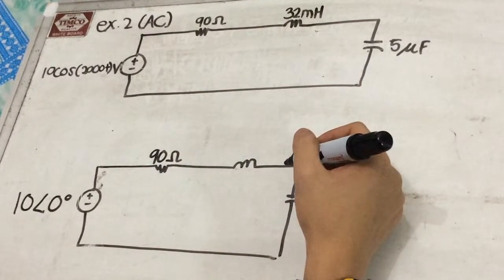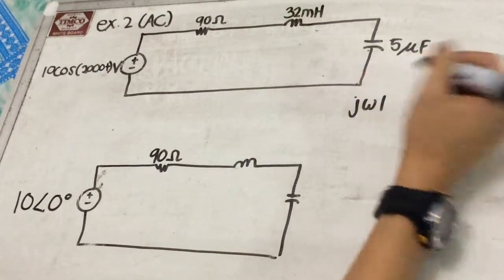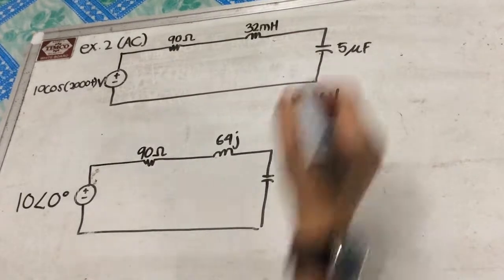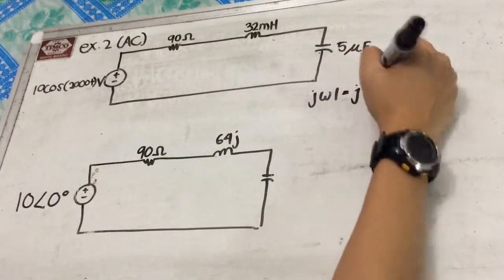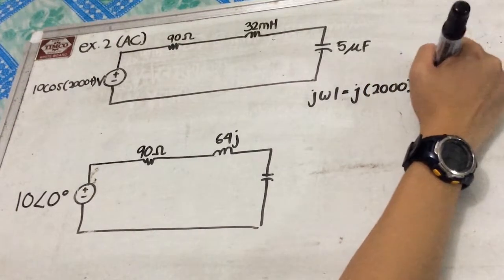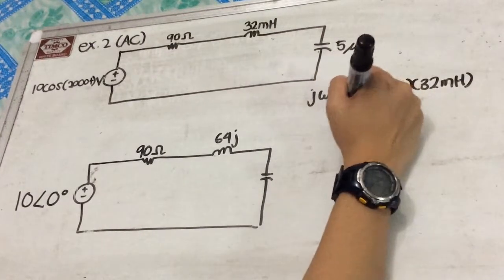Recall also that the impedance of an inductor is equal to j omega times the inductance. Now, substituting all the values, we will have j times 2000 times 32 millihenry is equal to 64j.